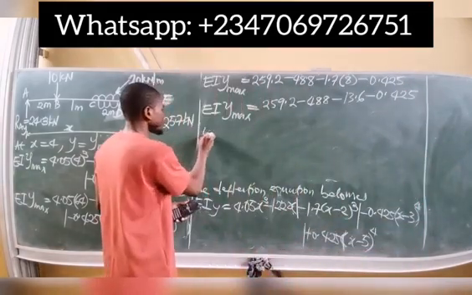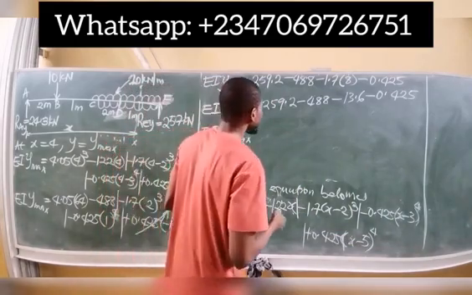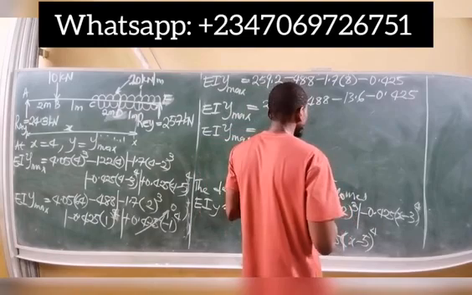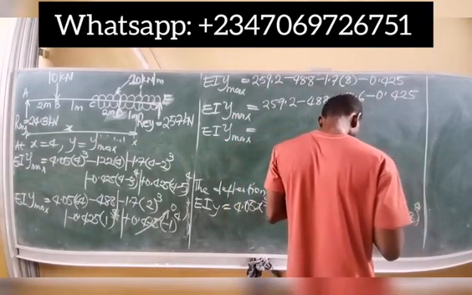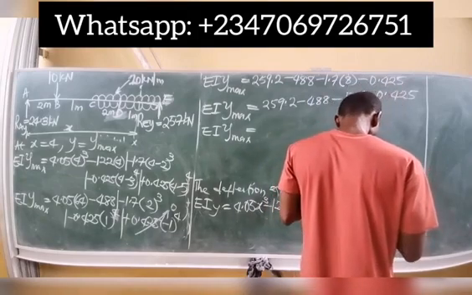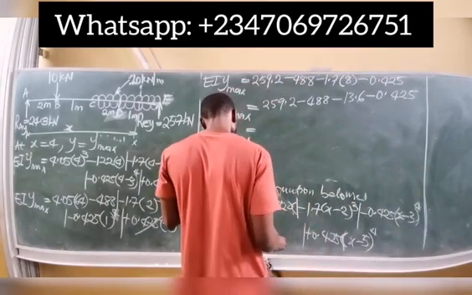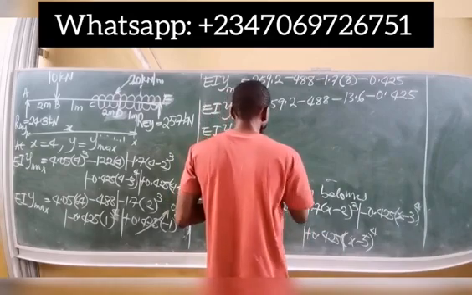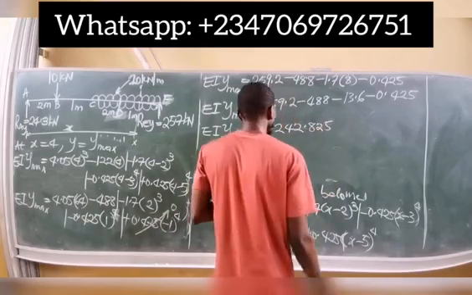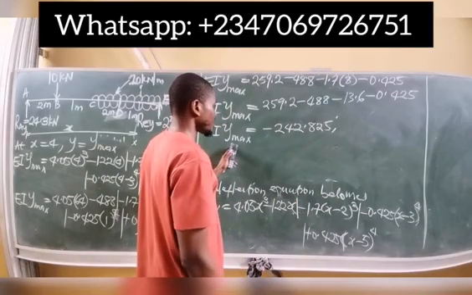So we have EI y max equal to 259.2 minus 488 minus 13.6 minus 0.425. That gives us minus 242.825. Therefore, to find the maximum deflection, we simply divide by flexural rigidity.